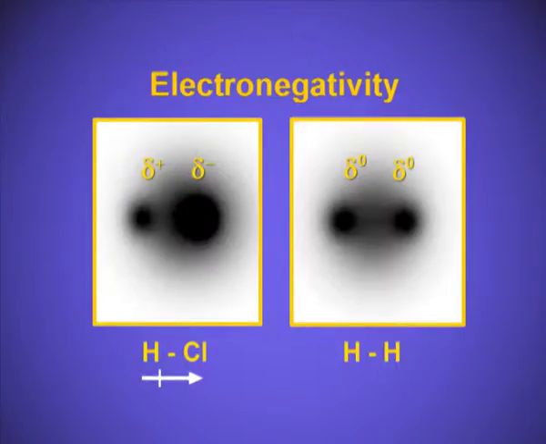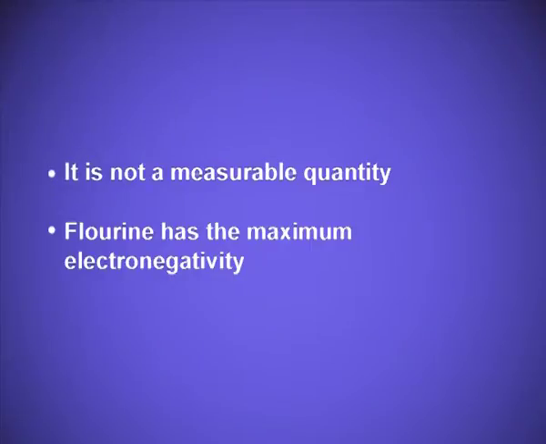Whereas, in the case of the hydrogen molecule, since the shared pair of electrons is lying between two similar atoms, the shared pair of electrons is exactly in between the two hydrogen atoms and there is no charge created. It is not a measurable quantity.